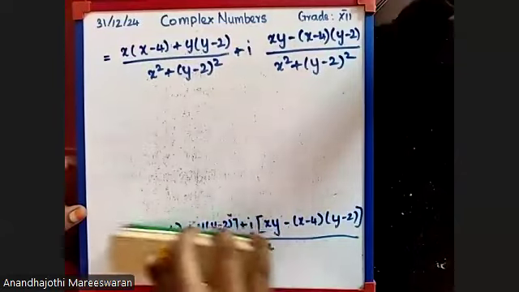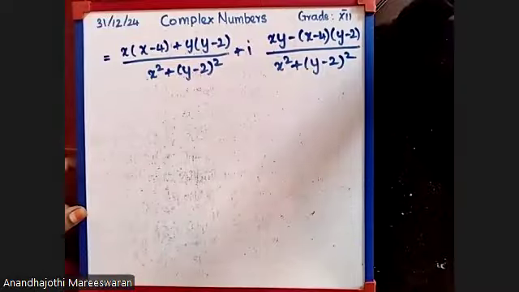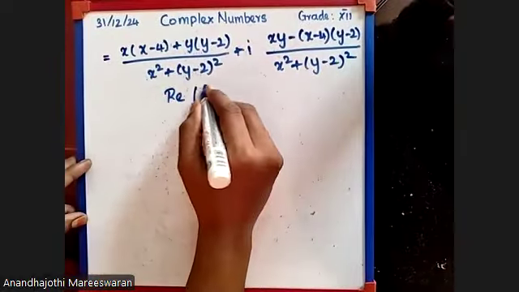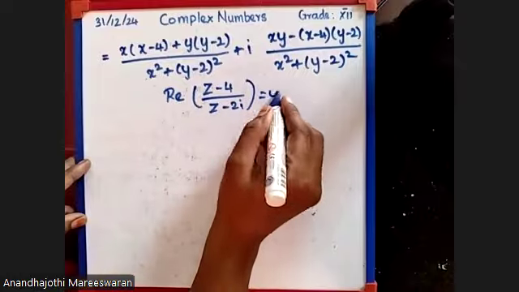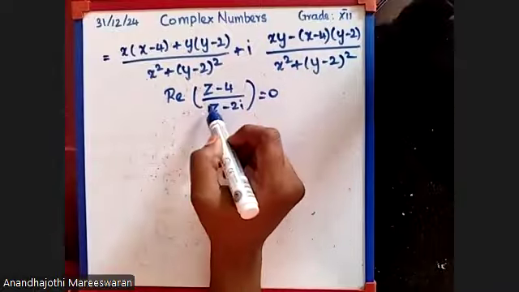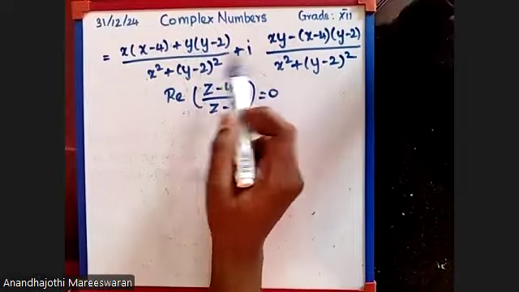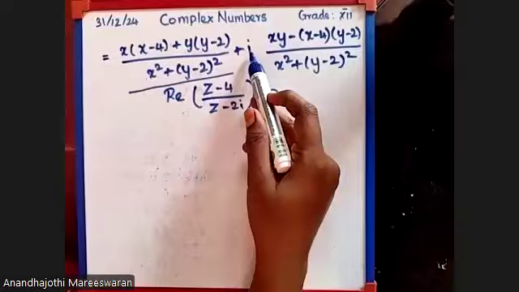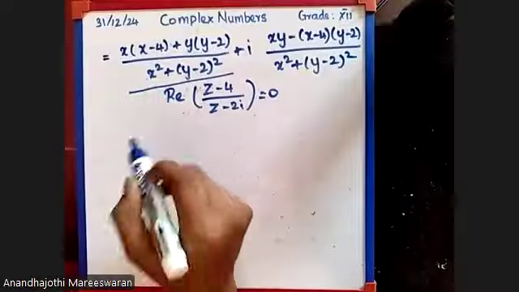Right. So what do we know from the question? In the question they already given that the real part of z minus 4 divided by z minus 2i equals 0. Now here we solved it for z minus 4 divided by z minus 2i. So we have this equation. In this, who's the real part? This is the real part, right? Here i is there, so it will be an imaginary part. So this part will be equal to 0.